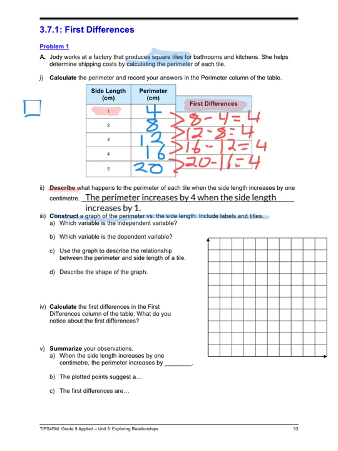In this case, we can see that we have used our side length in order to determine the perimeter. That means that our side length is our independent variable and our perimeter is our dependent variable. So we're going to put our side length down along the x-axis and our perimeter along the y-axis.